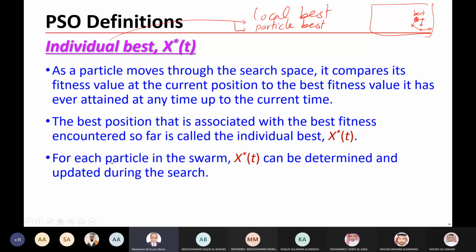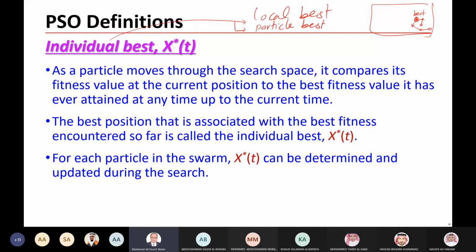And for each particle in the swarm, it can be determined and updated. X star, we call it X star here. So for each particle, the particle best can be determined and updated during the search.